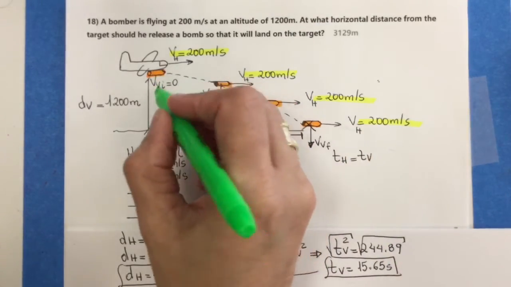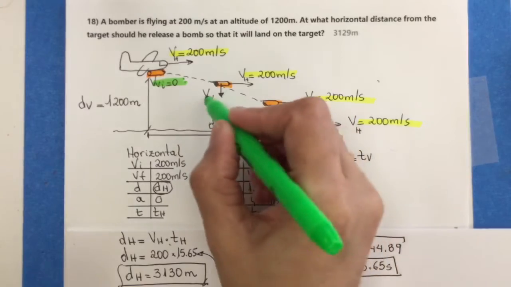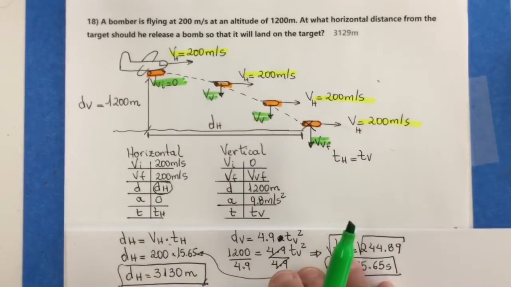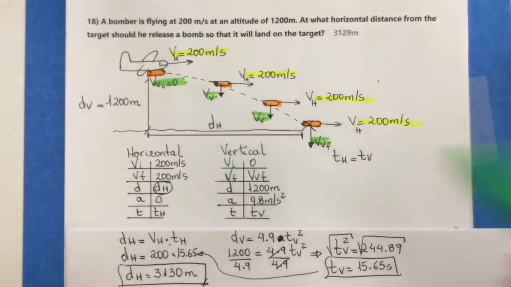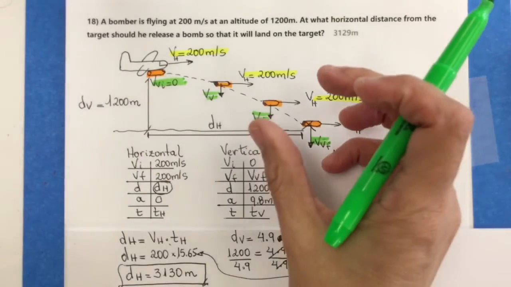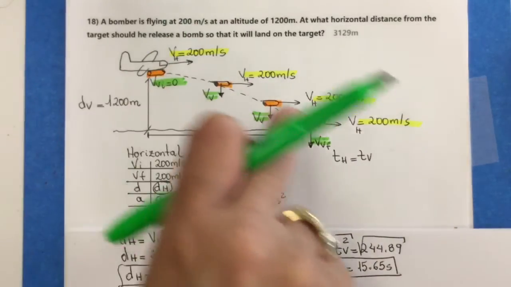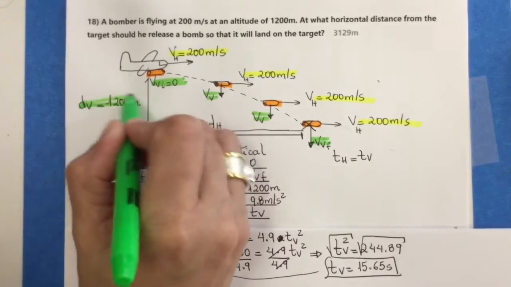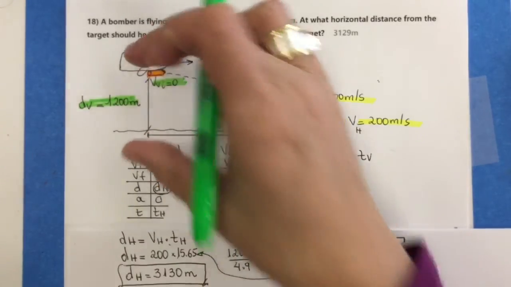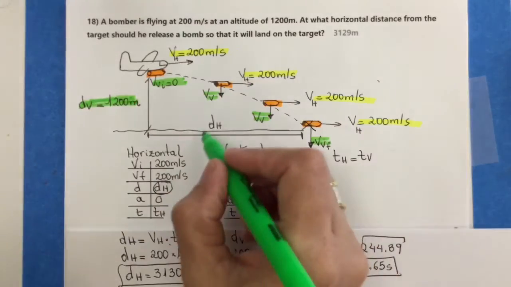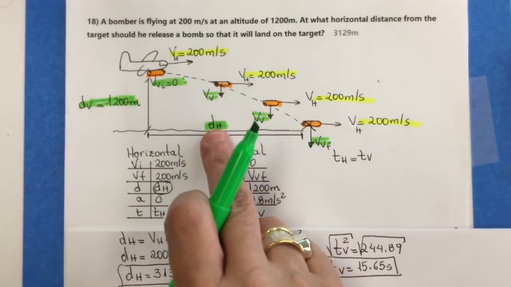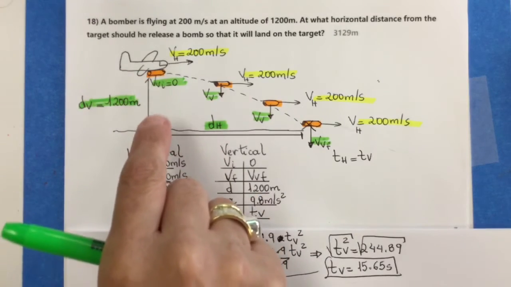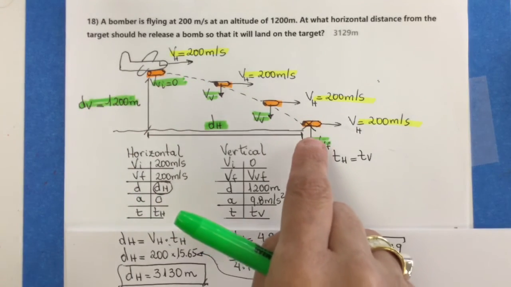It's going to start with 0 when it's dropped, and it's going to increase as time goes by. So now we have an understanding of the two motions that combine together to make just one, this arc trajectory. Our DV here is our vertical distance or height, and our DH is the distance where the bomber needs to drop the bomb so that it lands on the target.